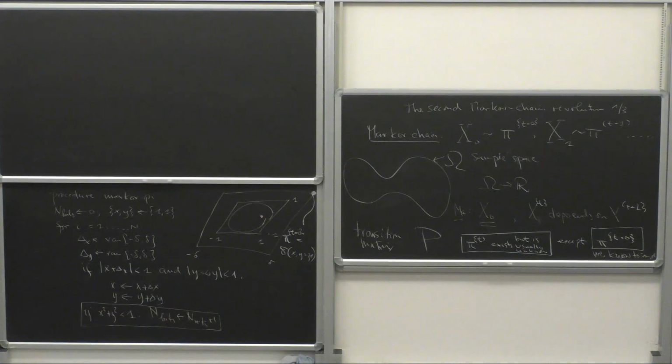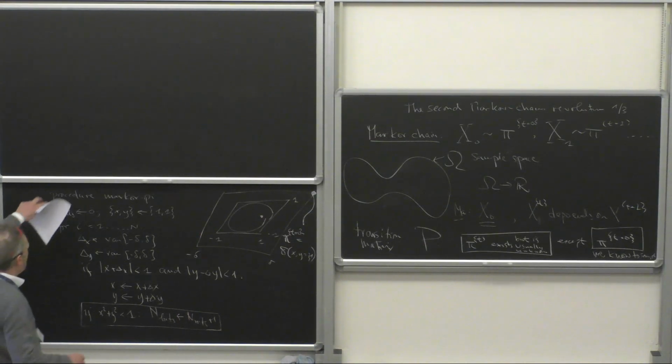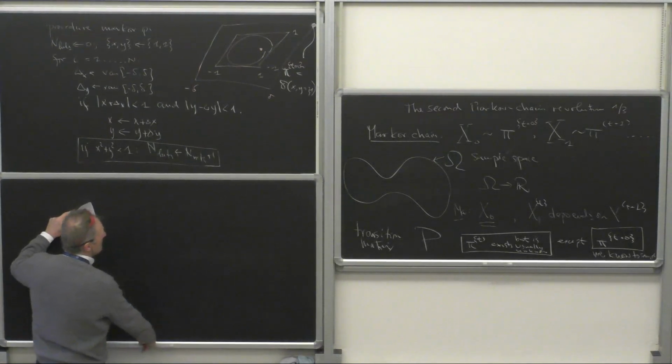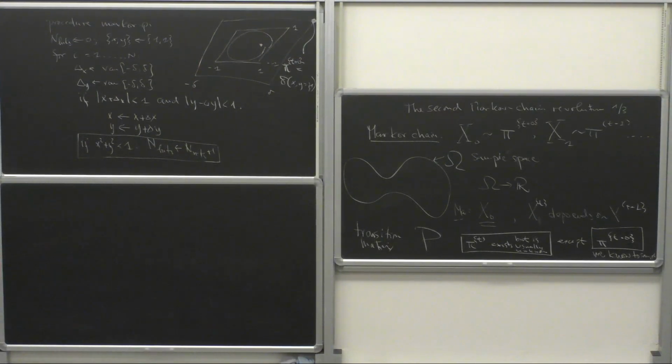Then pi of t equals 1 is a horribly complicated distribution. Pi of t equals 2 is a very complicated distribution. But then things eventually become easier because we have a transition matrix.